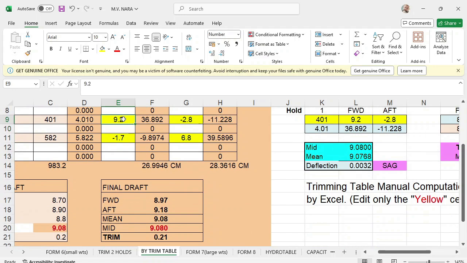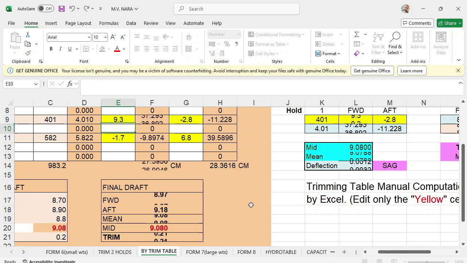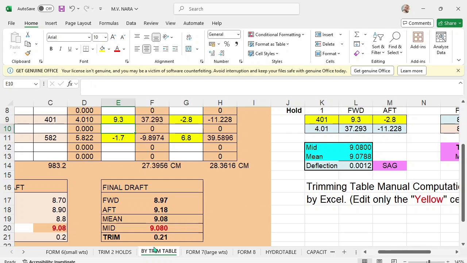So you put it to 9.3. Then you have less trim now, 21. Then you adjust to 9.4. Now your drop forward is 8.98.